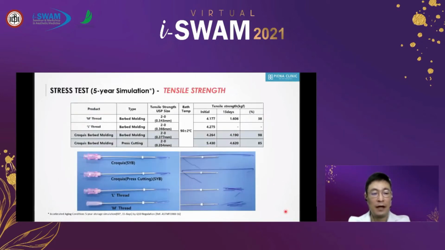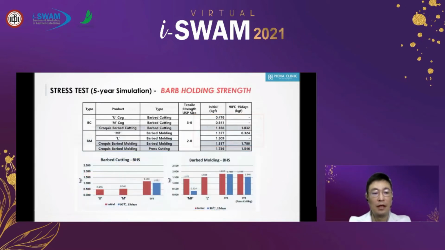In a 5-year simulation test, under the same conditions as the 15-day simulation test at 90 degrees Celsius, Crocky's tensile strength remained almost unchanged, while other companies' products significantly lost their tensile strength. The barb holding strength of Crocky in the same simulation test also remained almost unchanged, unlike other products, regardless of the type of cog.